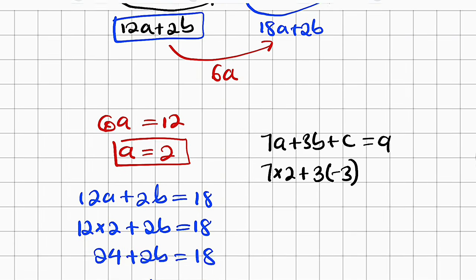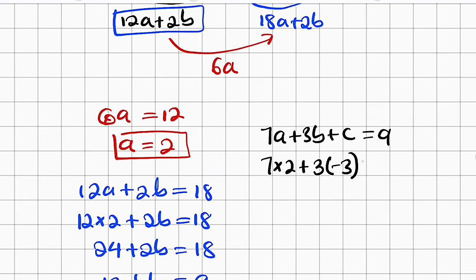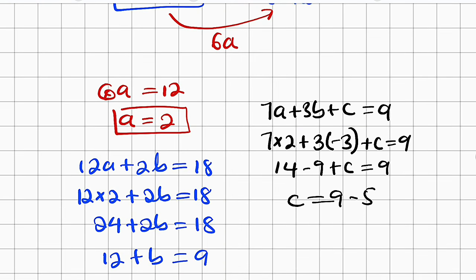Negative 3. Remember, b is negative 3. Then plus c. This is equal to 9. This is 14 minus 9 plus c equal to 9. 14 minus 9 is 5, and you can take that 5 to the other side. It becomes negative, so c is equal to 9 minus 5, which is equal to 4, right? c is equal to 4.